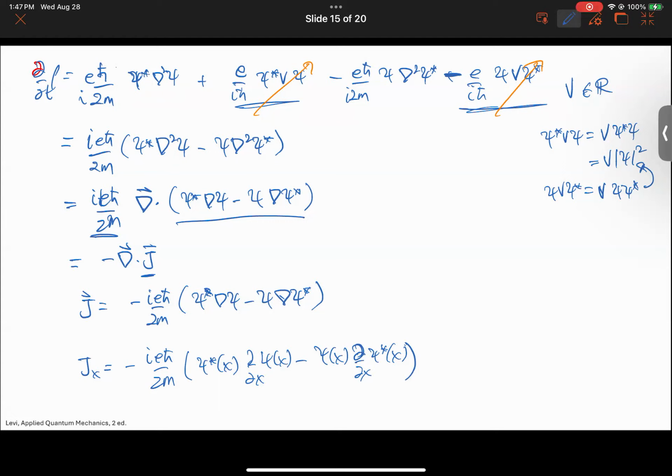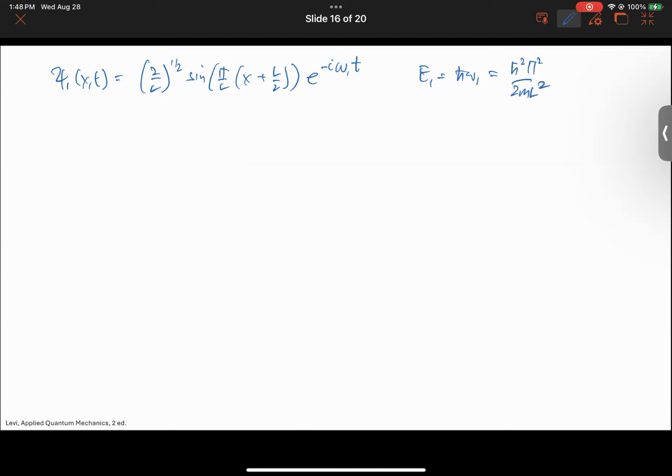Now this derivation requires that the potential be real. That is one assumption here. Now let's apply the eigenfunctions we derived for the infinite well potential to the expression we got for the current density.